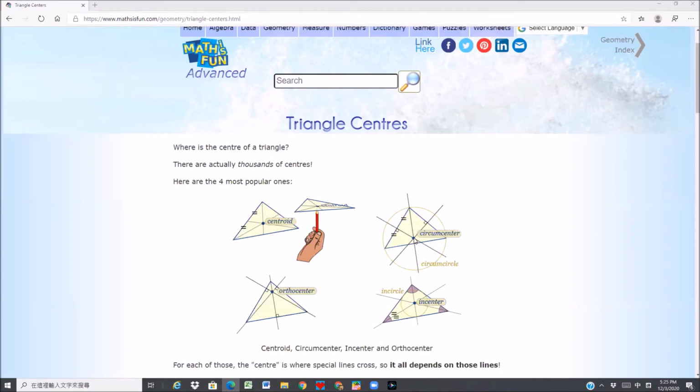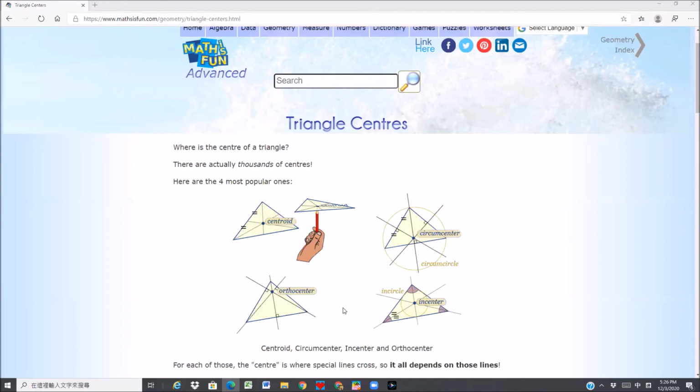From this circumcenter, you use it as the center, and the distance to the vertex is the radius. You can see that the distances from this circumcenter to the vertices are always equal, which is the radius. We can draw a circle which includes these 3 points. Can you see the difference between in-center and circumcenter?